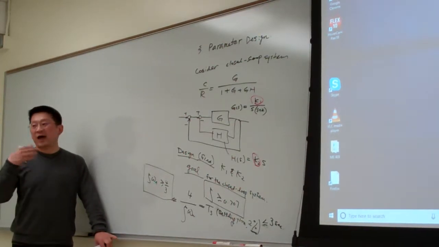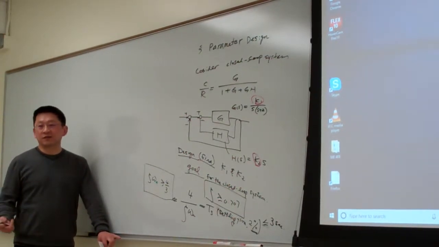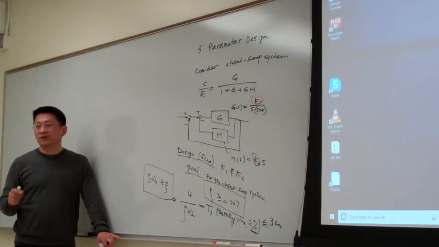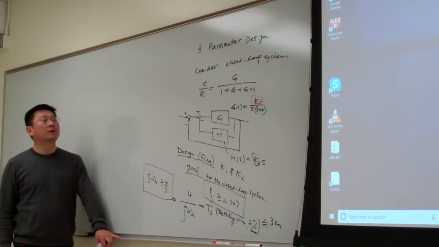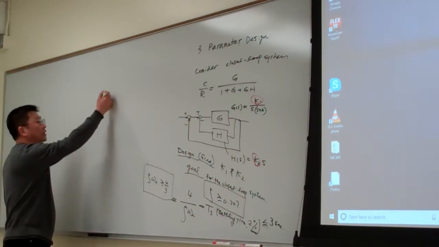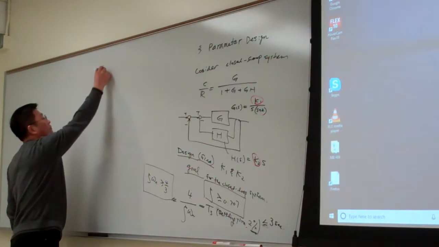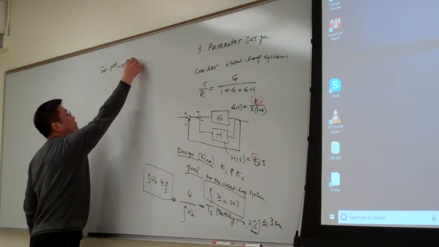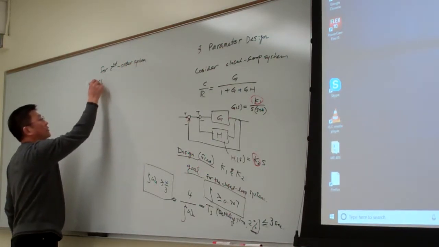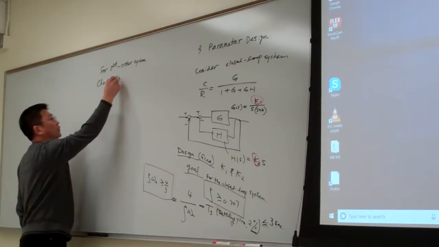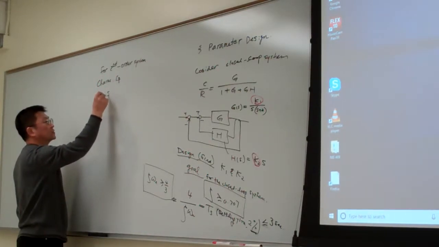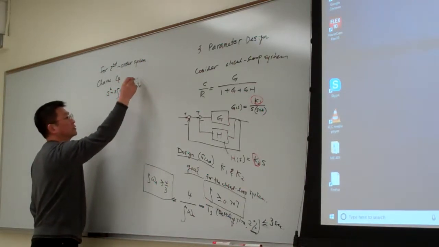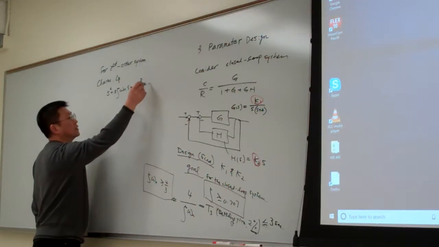If this is a system higher than second order, then you can try anyway to approximate it into a second order system. For the second order system, the characteristic equation is usually s squared plus 2 zeta omega n s plus omega n squared equal to 0.